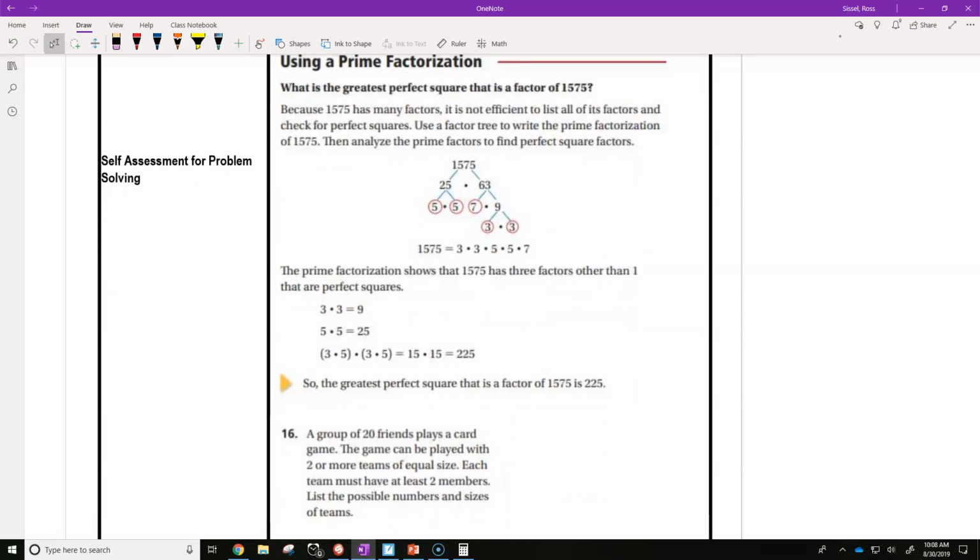So now what they're asking you to do is use prime factorization, the factor tree, and we want to find out which one has the greatest perfect square. You guys remember what a perfect square was? We did that in lesson 1.